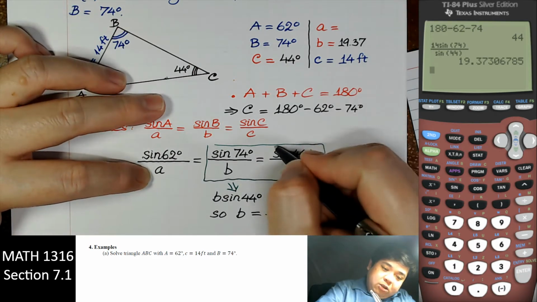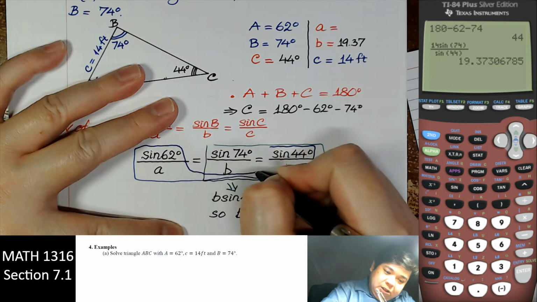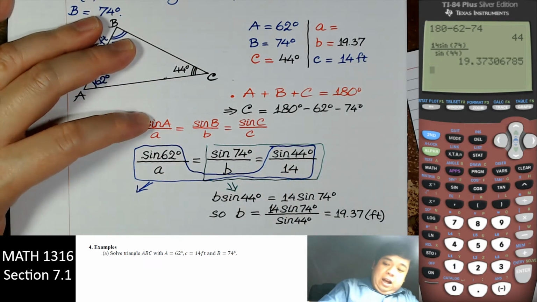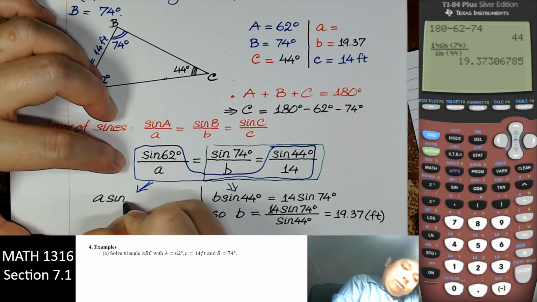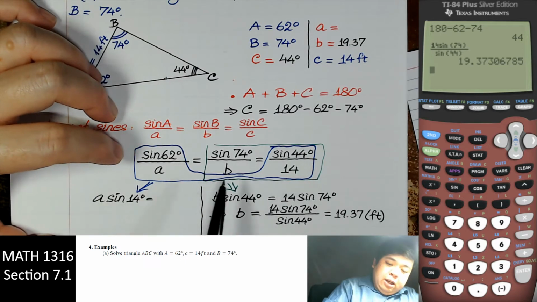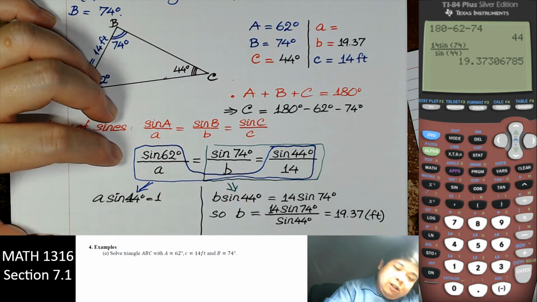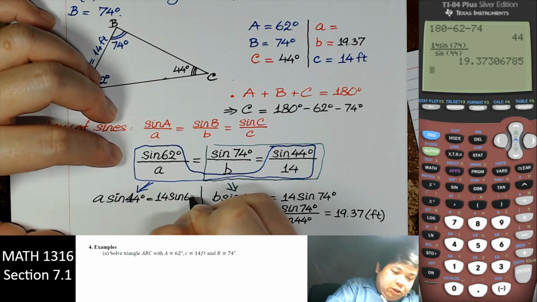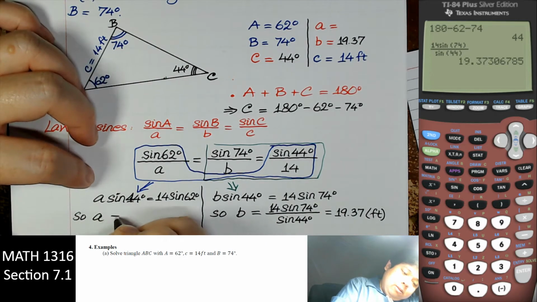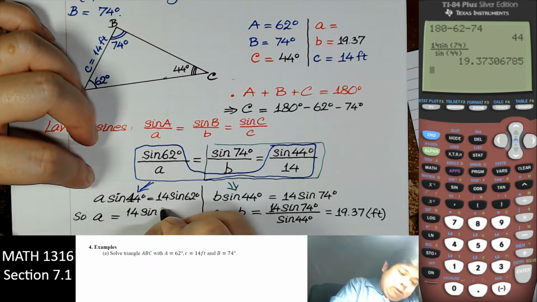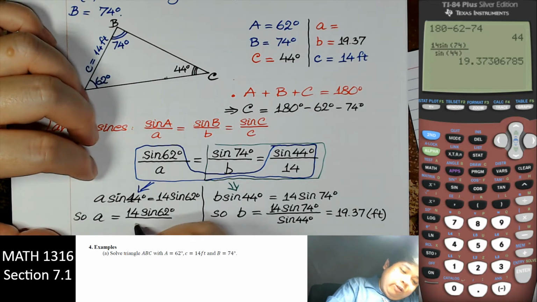To solve for a, we will take the first and the last ratio, and then cross multiply. a times sine of 44 degrees equal to 14 sine of 62 degrees, and divide by sine 44. 14 sine of 62 divided by sine of 44.